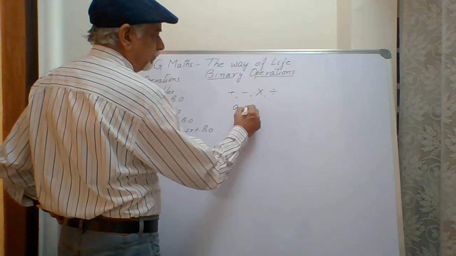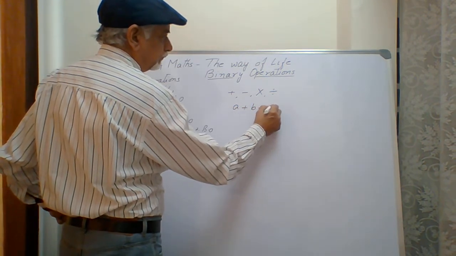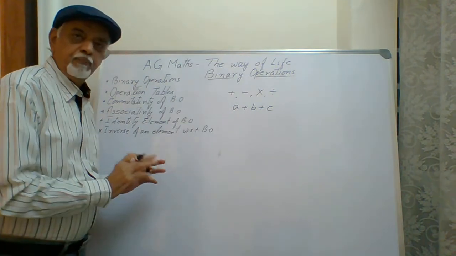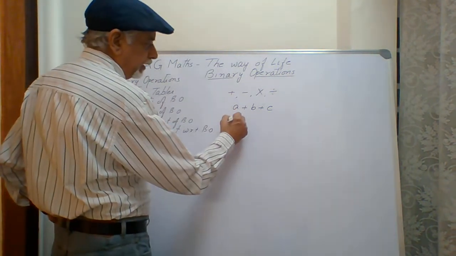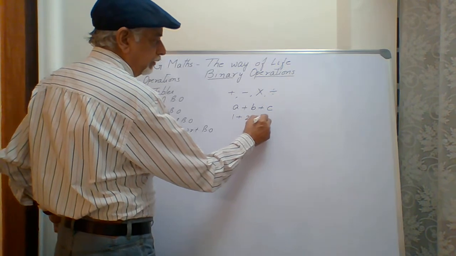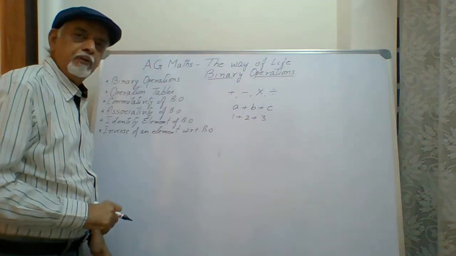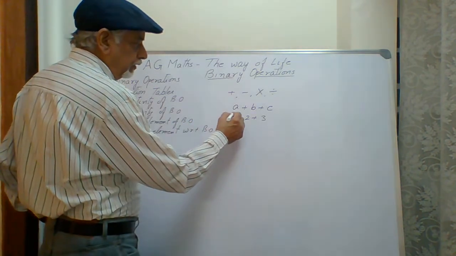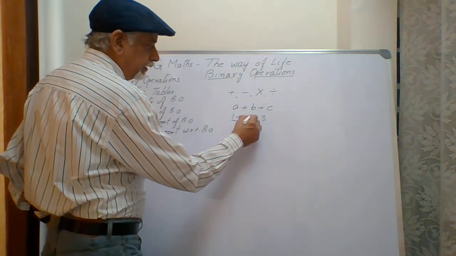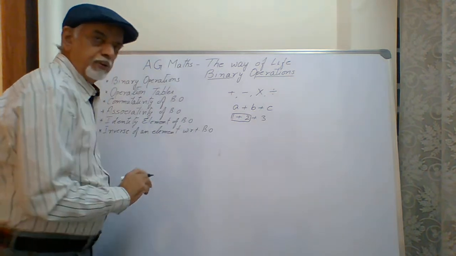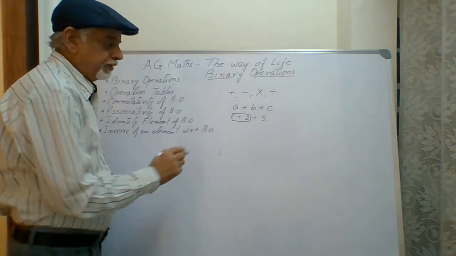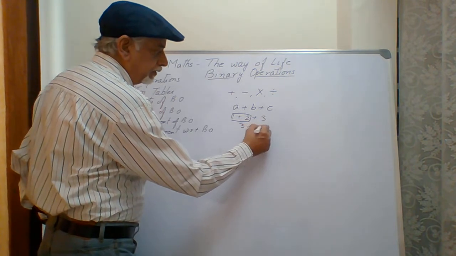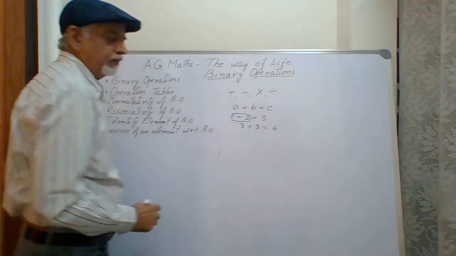If I have a problem like a plus b plus c, in algebraic form, or in arithmetic form, 1 plus 2 plus 3, how do we deal with it? First of all, we take 1 and 2 together, work out this addition and write 3 here. Then we add the other 3 and finally come to the answer 6.